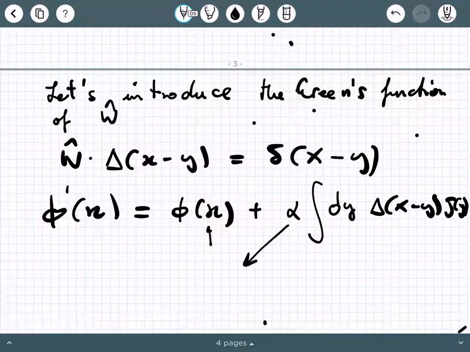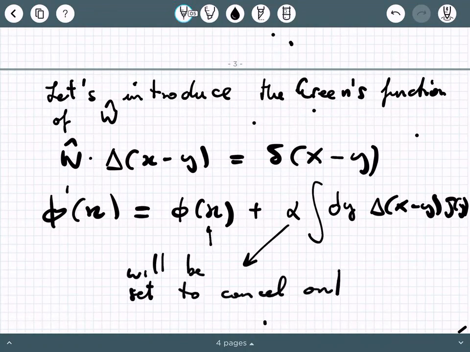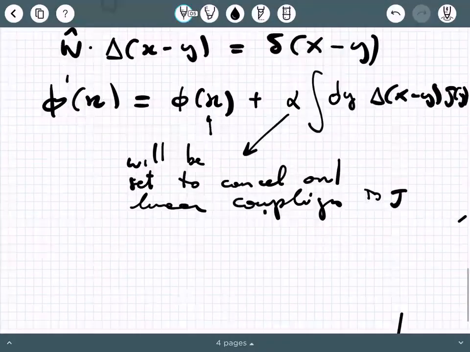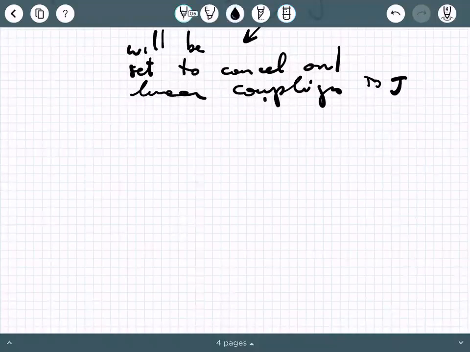And alpha will be determined at the end of the calculation to eliminate the linear coupling. So this will be set to cancel out linear couplings to J. Okay? Okay, let's do that. So let's write our Hamiltonian. Our Hamiltonian is going to be dx phi W phi.